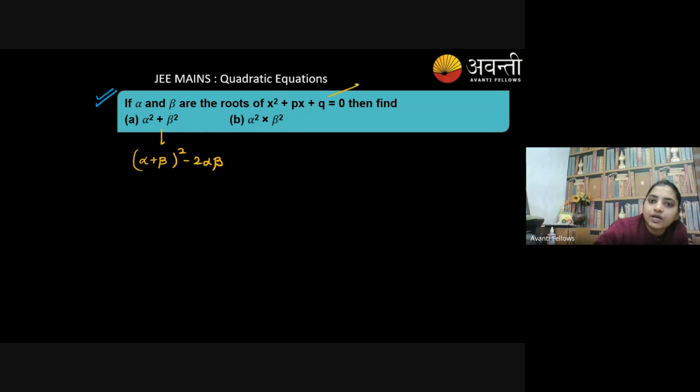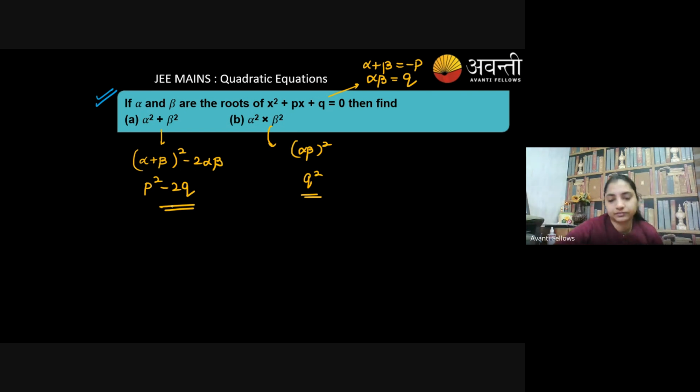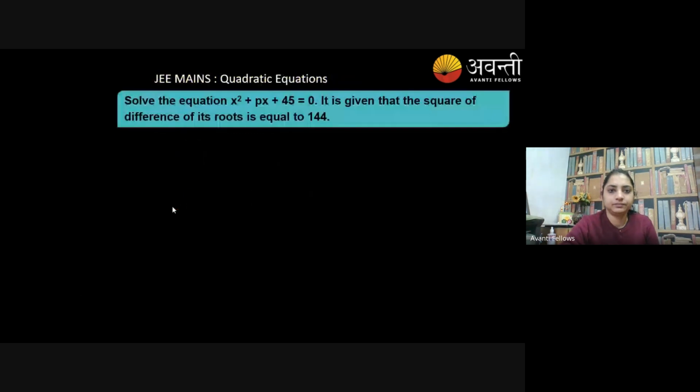And from this equation, I can write alpha plus beta is minus p and alpha into beta is q. Right, dear? So p square minus 2q. And for the second one, alpha beta's whole square means q square. Is it correct for everyone? Yes, ma'am. Any confusion, any doubt? No, na? Okay. Ready for the next question?